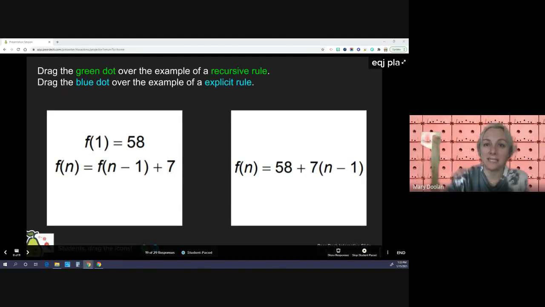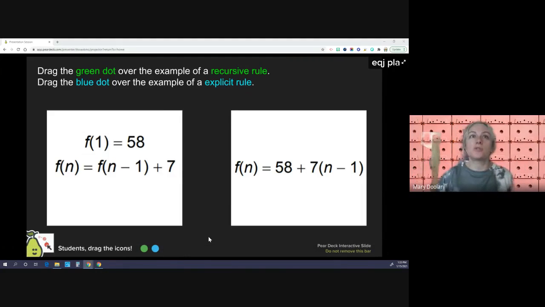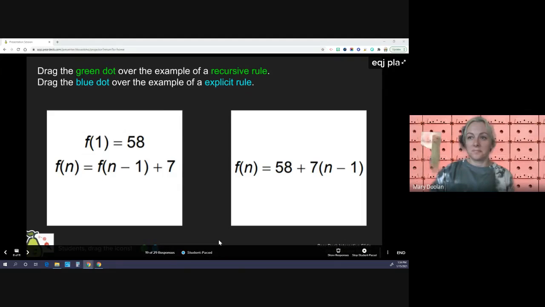We have 19 out of 29 responses. 10 more of you, move some dots around. Which one is the example of a recursive rule? Which one is the example of an explicit rule? Okay, kind of stalled out at 19. So let's see what we came up with.